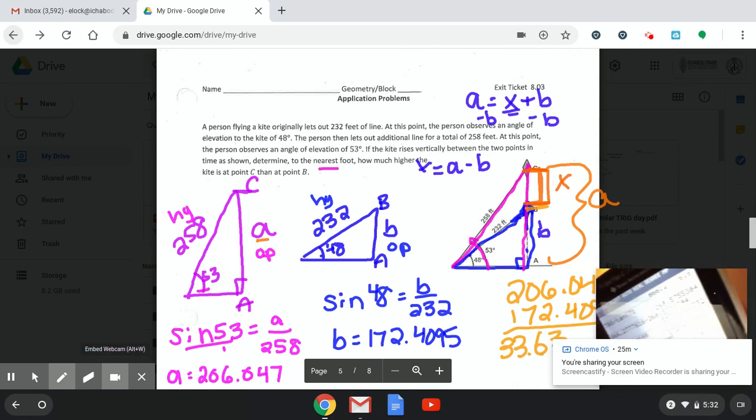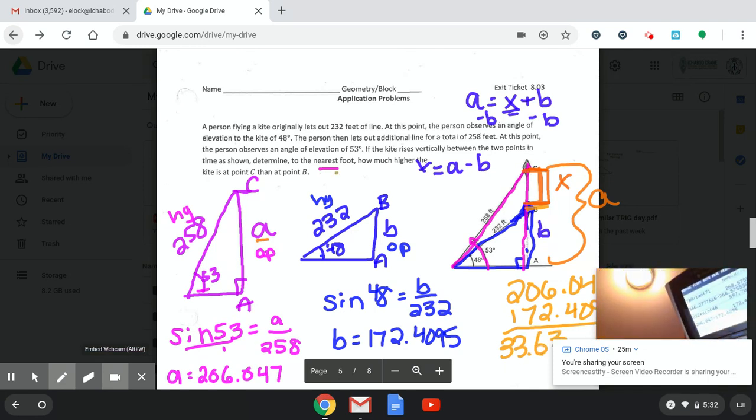Now, this is where you have to be careful of your rounding. It does go to the nearest foot. So 33.6 would round to 34 feet. There is a final answer.